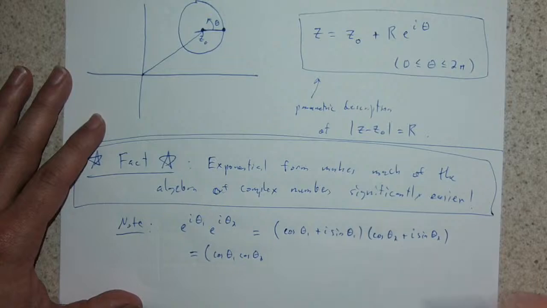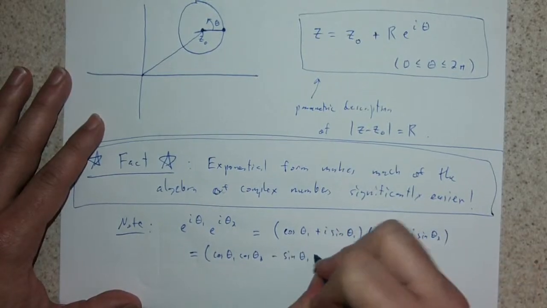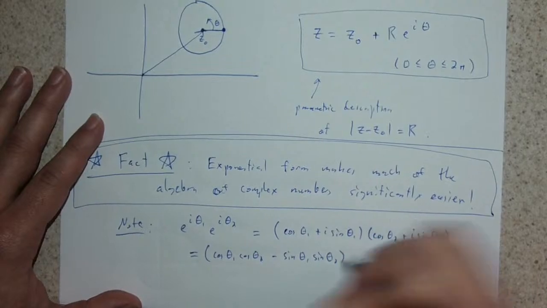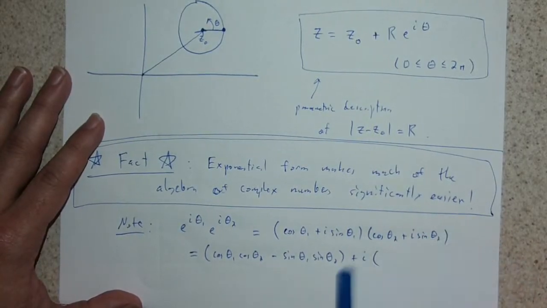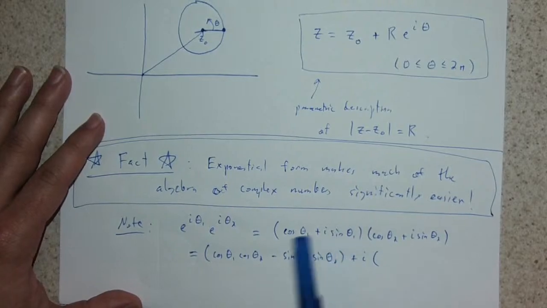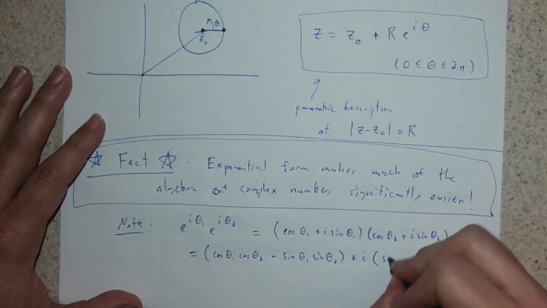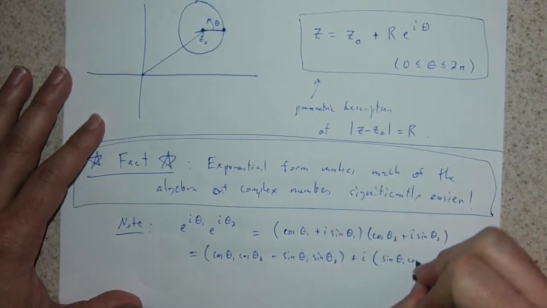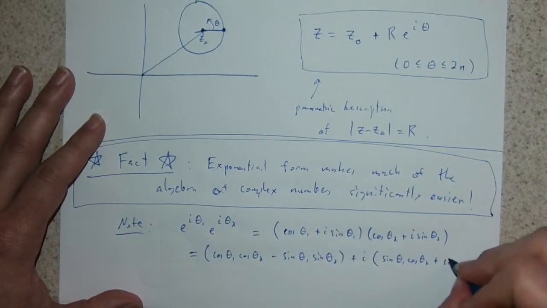I get I squared, which is minus 1. So this is minus sine theta 1 times sine theta 2. Plus I times the mixed terms: sine theta 1 times cosine theta 2, plus sine theta 2 times cosine theta 1.